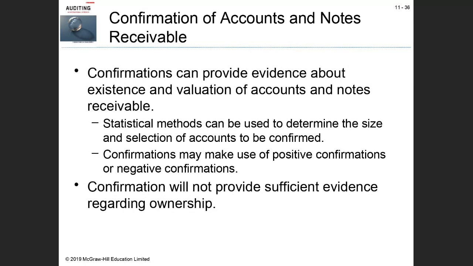Auditors call that sending seconds. They do that because it's more efficient than doing some of these other detailed procedures. Alternative procedures, like looking for money coming in from customers or building up account balances by looking at sales invoices and shipping documents, take a lot of time.